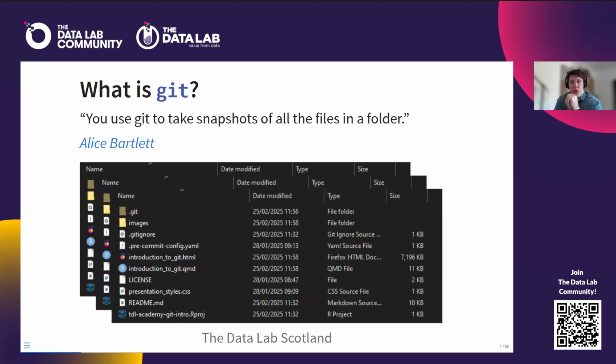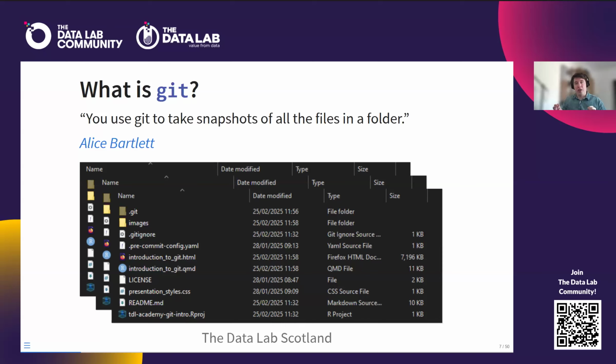And it's also taking snapshots. So this is where it's different to tools like SharePoint and Google Drive, which are just working in the background, helpfully keeping track of how our files are changing. Git is asking for a little bit more action from our side. So we're going to tell Git when we want to take a snapshot of the files.